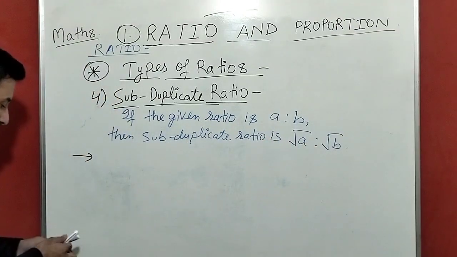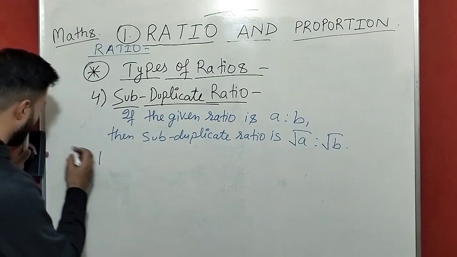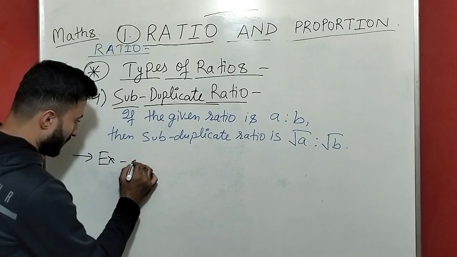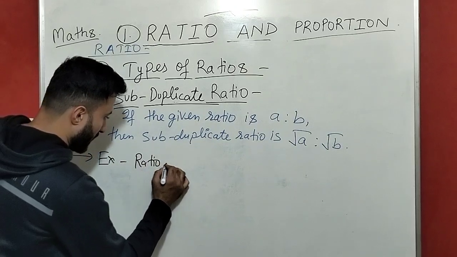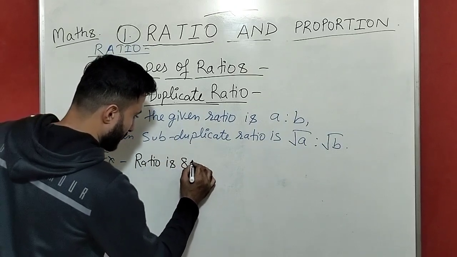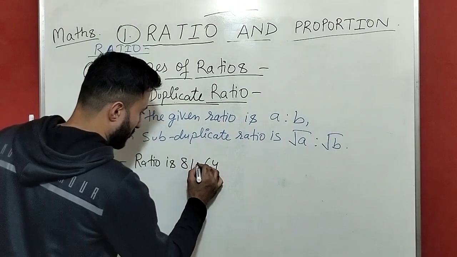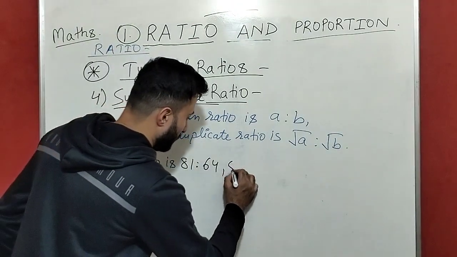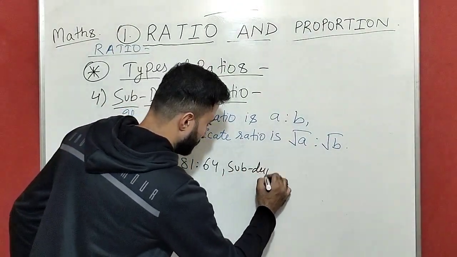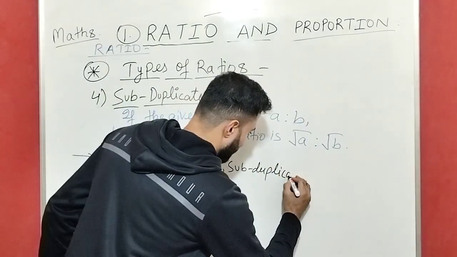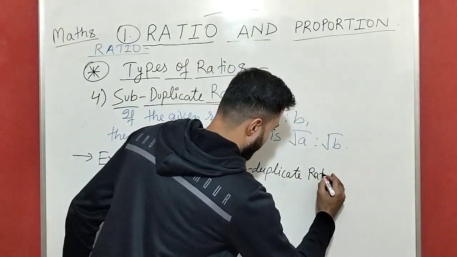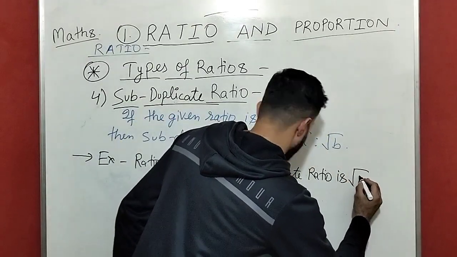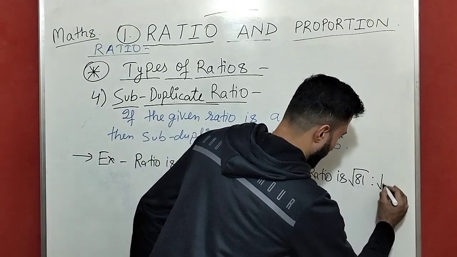Like the same, if I take the example, if the given ratio is 81:64, then the sub duplicate ratio is square root of 81 to square root of 64.